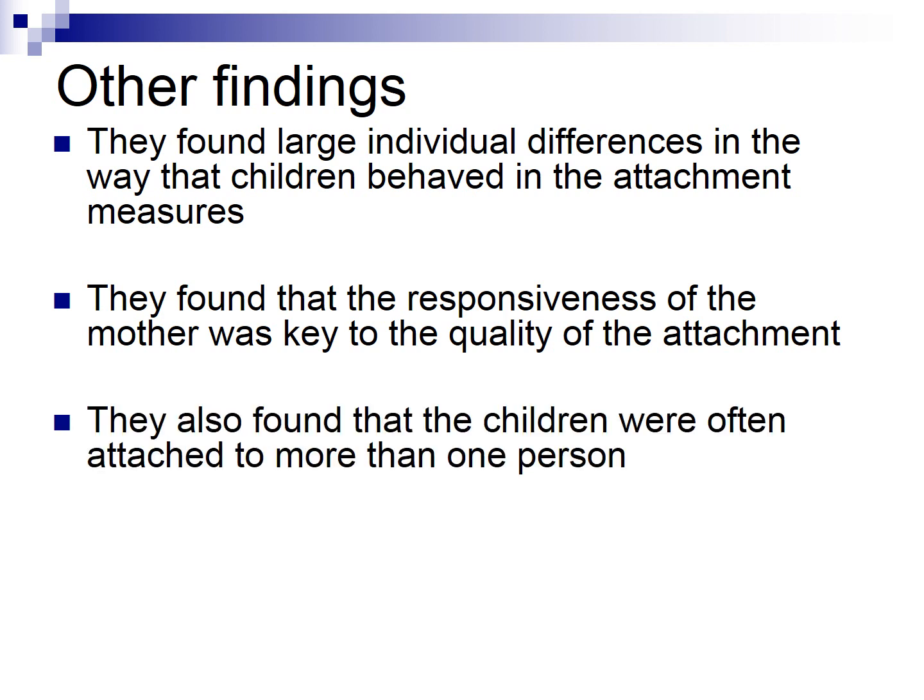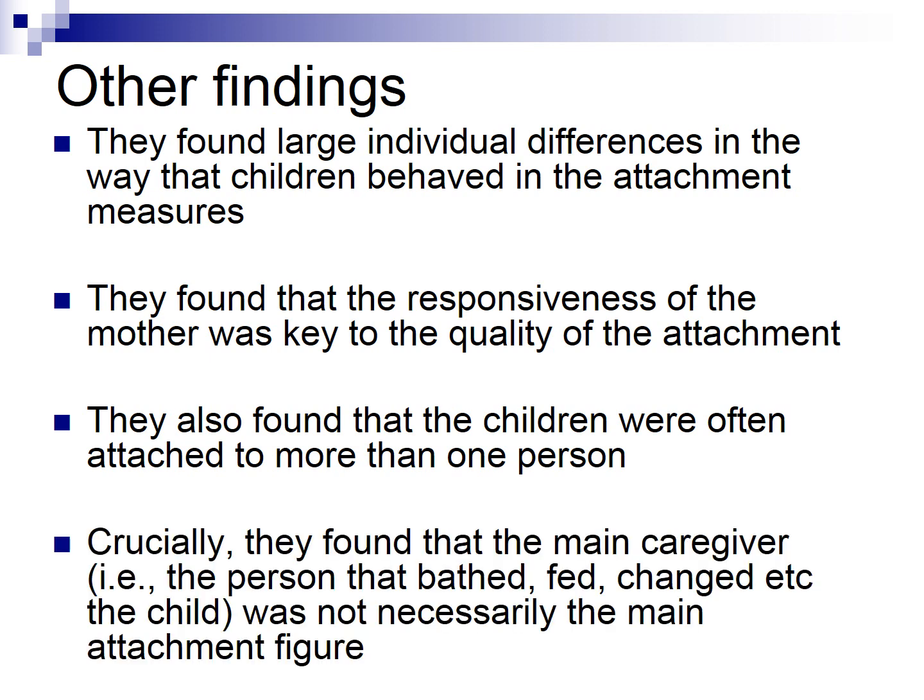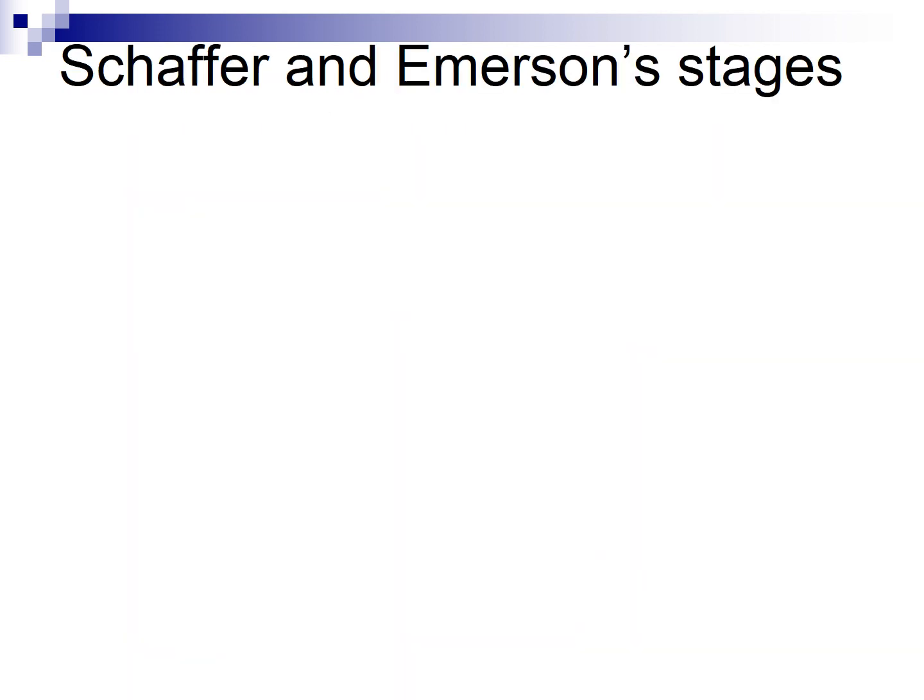They often found that children were attached to more than one person, which is important for later on in the topic. And they also found that crucially, the main caregivers, the person who bathed, fed, changed, etc., was not necessarily the main attachment figure, and this went against the grain, very much so in terms of the research that was available at the time.